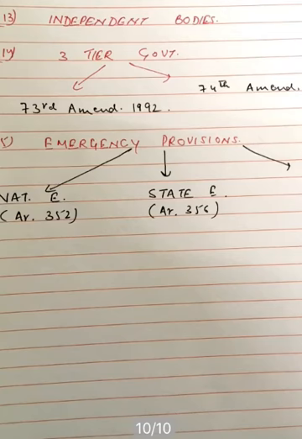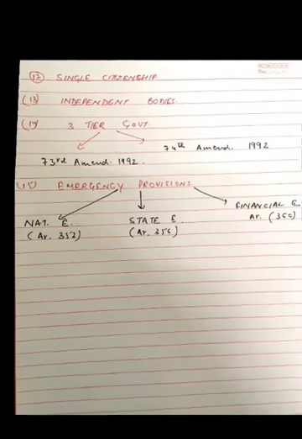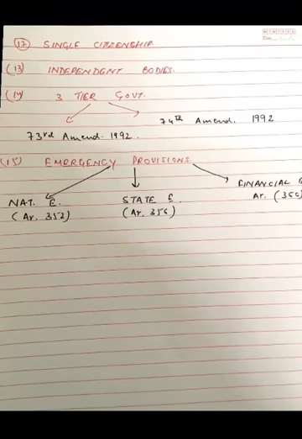So the next is the emergency provisions, and emergency provisions could be divided into three parts: national emergency, state emergency, and financial emergency. National emergency is laid on the ground of war, external aggression, or armed rebellion under Article 352.